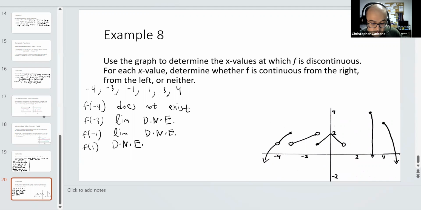This would then be continuous only from the left. For the value of f of 3, again, we have a closed circle here, but there's no left-hand side, just the right side. So again, this one does not exist, but it is continuous on the right-hand side.